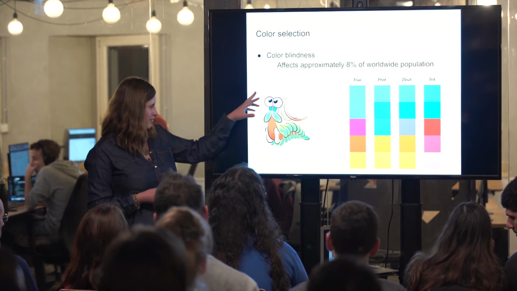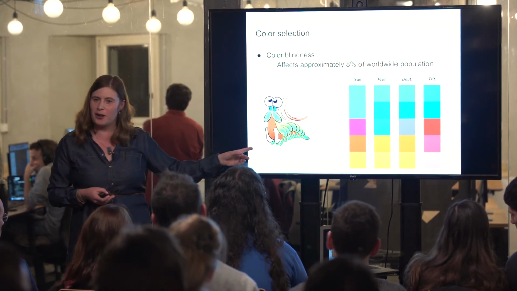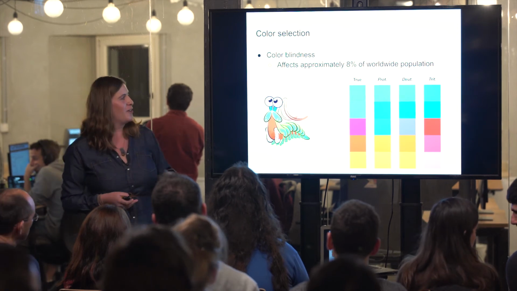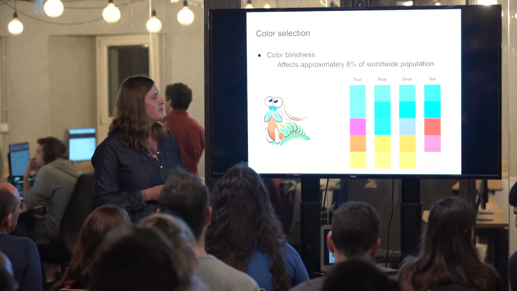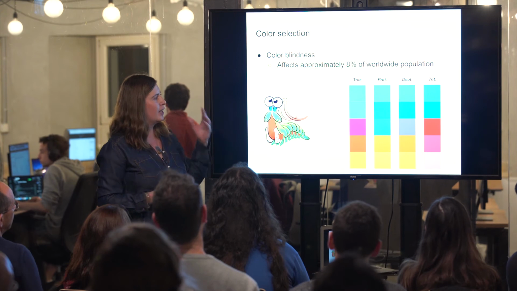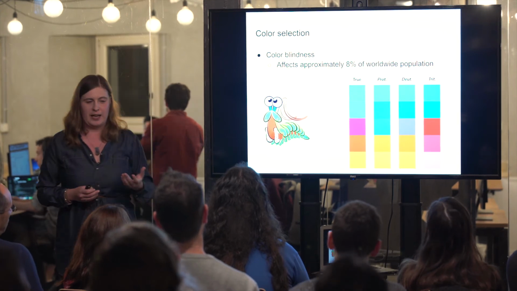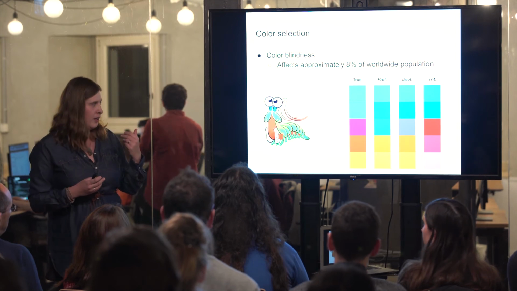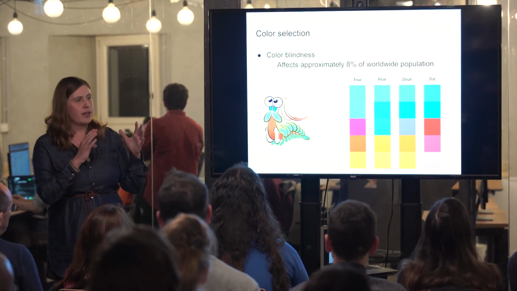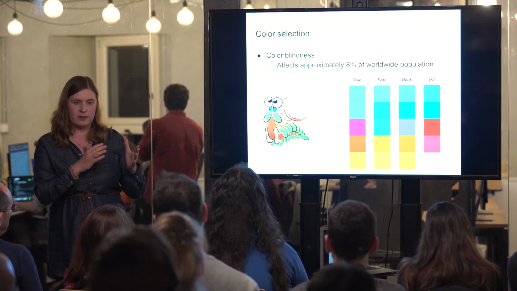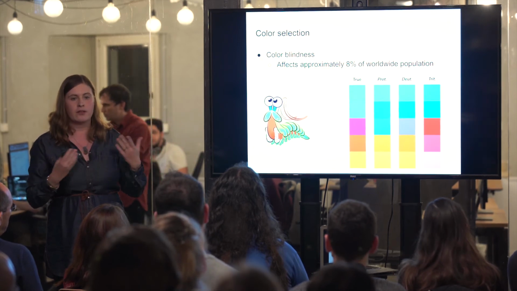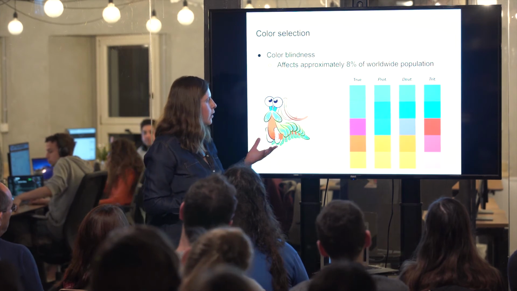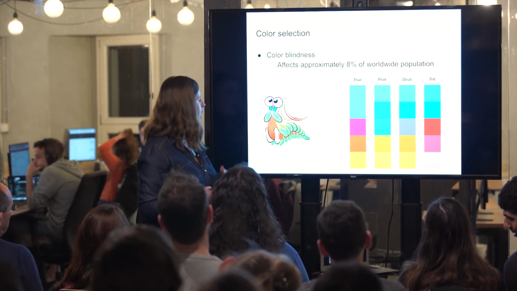And why did I put this strange thing here, who knows what that is? Yeah. So for those of you who do not know, in the human eye, we have 3 different types of receptors to perceive color. If one of the groups is missing or has fewer receptors, this is color blindness, and that's why we need to adapt our color palette.